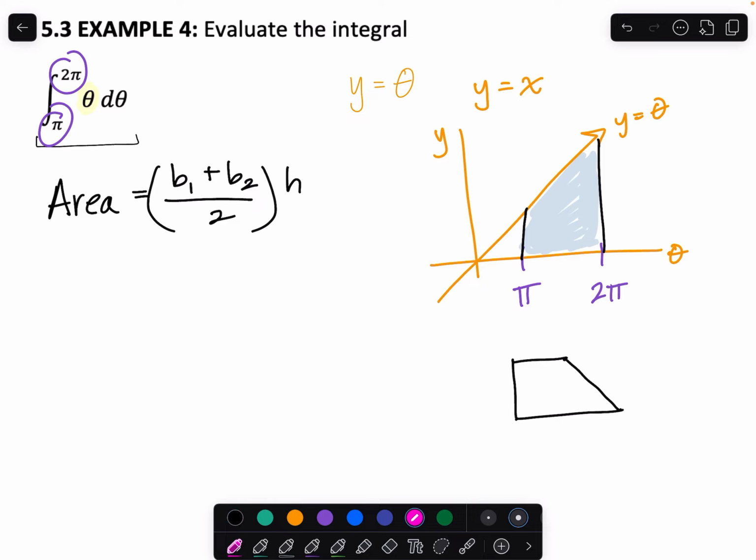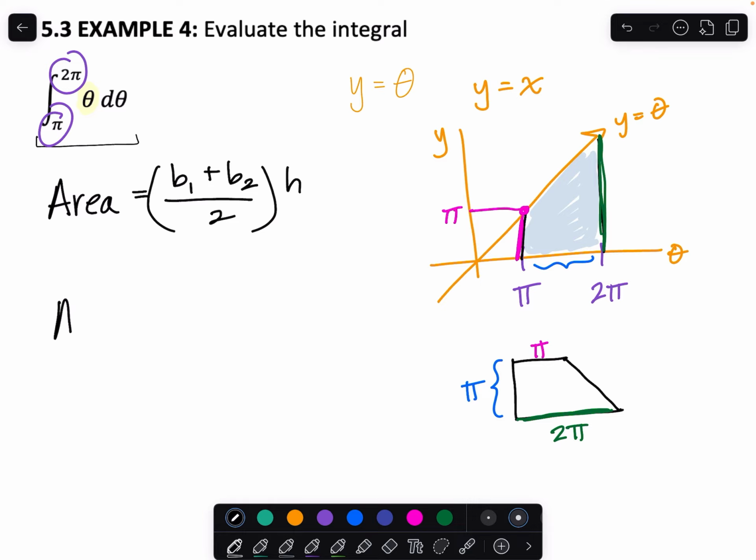So when we think about that top base, b sub 1, if I were to plug in x equals pi or theta equals pi, I would get out y equals pi. So this length is pi, and then b sub 2, that bottom length, would be 2 pi. And then the height is the distance between pi and 2 pi, which is, of course, 1 pi unit.